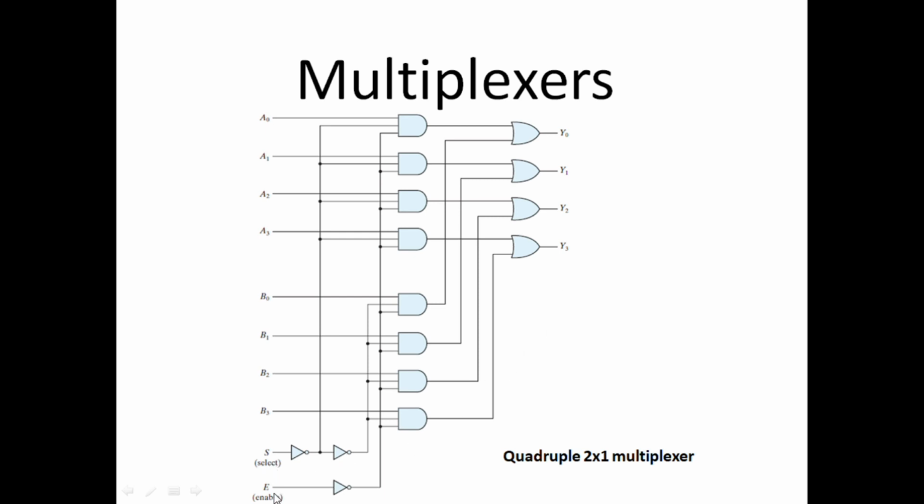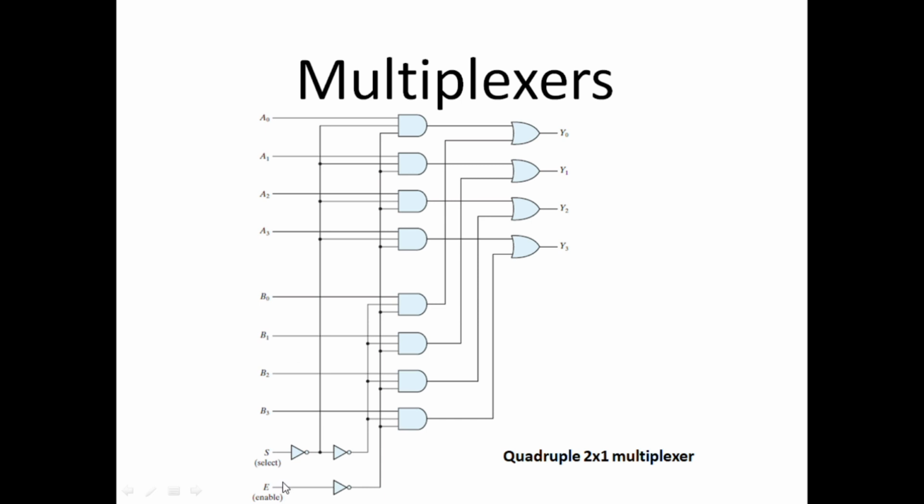But here there is an additional input which is called enable, and that is connected through an inverter with all these gates. So whenever we provide a 0, it becomes 1 after the inverter, and 1 is connected to all the AND gates. So when an input is 1 to an AND gate, the output depends on the other inputs.